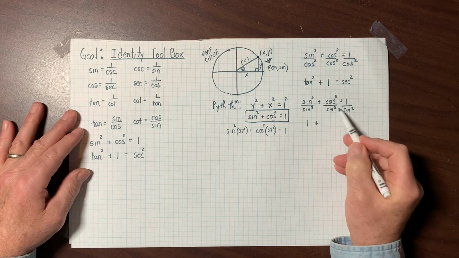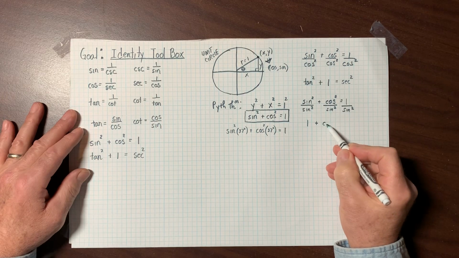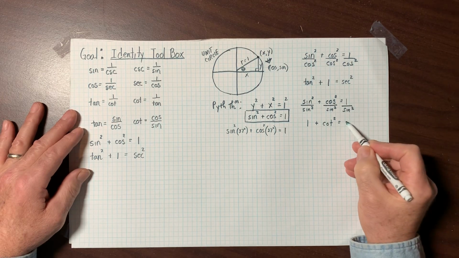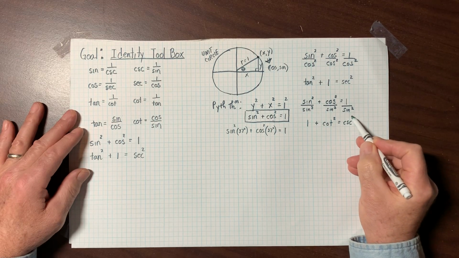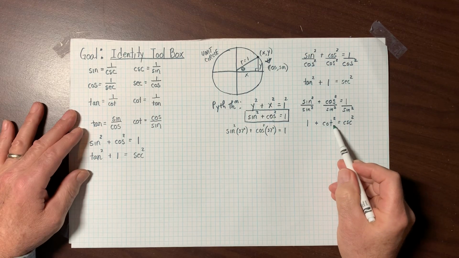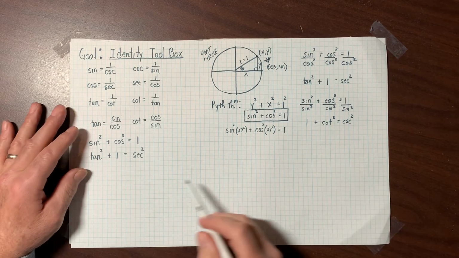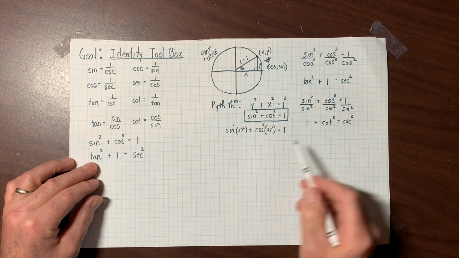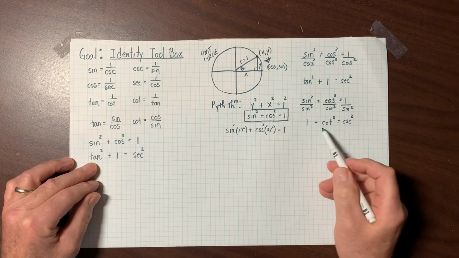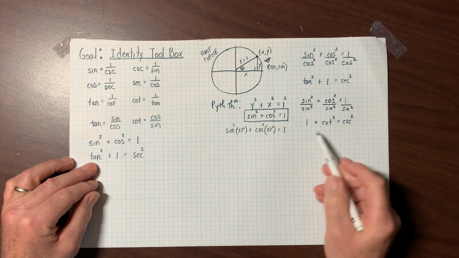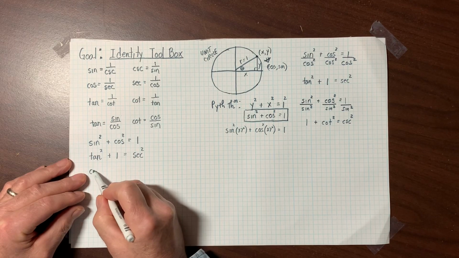And then cosine squared over sine squared would be cotangent squared. And 1 over sine squared would be cosecant squared. Now, just to conform to the way that this relationship is written, I'm going to change up the order a little bit. And instead of writing 1 plus cotangent squared, I'm going to write cotangent squared plus 1 over here.